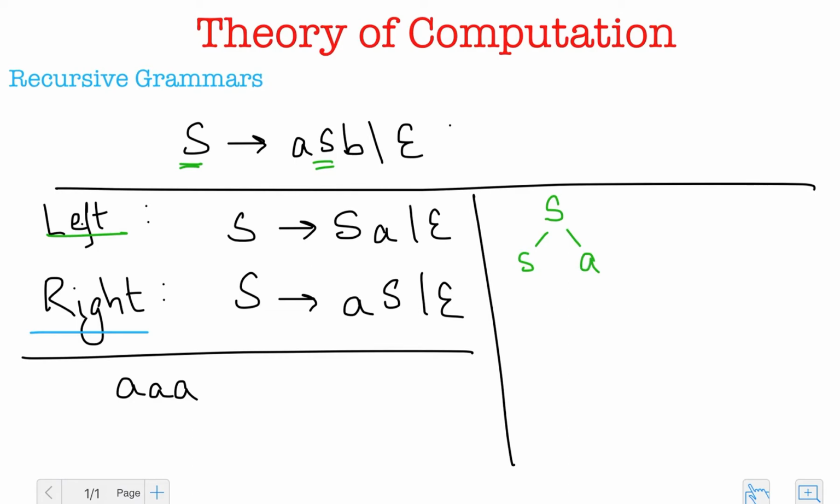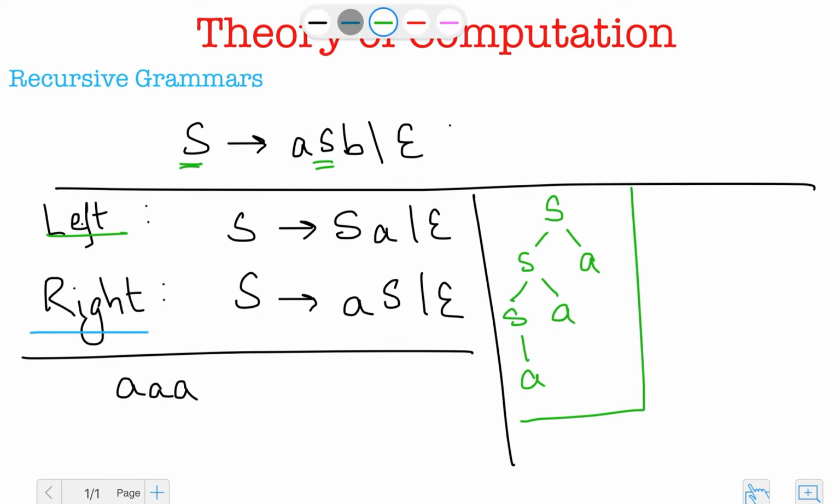I have just one S now, so that's going to yield an S and an A, and this S is going to yield an A. That's the derivation tree that I get using the first grammar, and that isn't going to change whether I use a leftmost or a rightmost derivation, because at each step I just have one S which I can split into S and A.